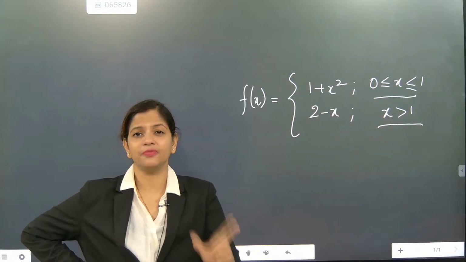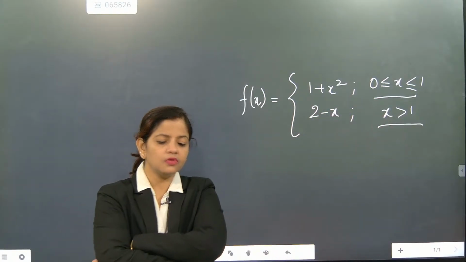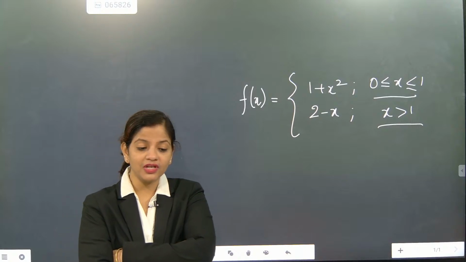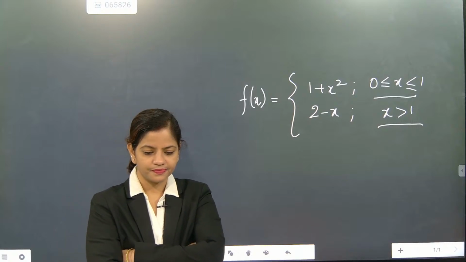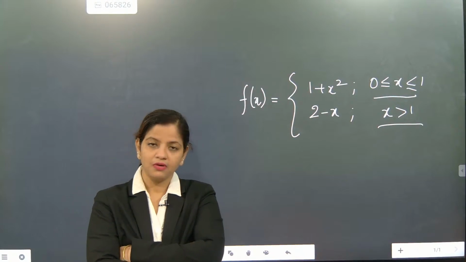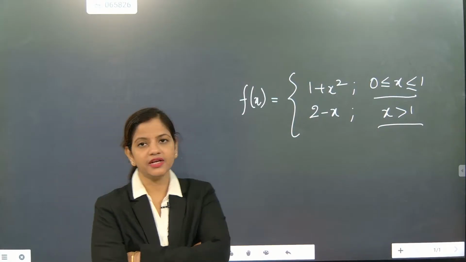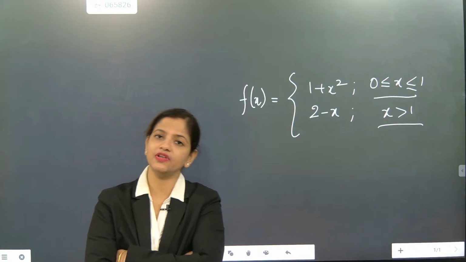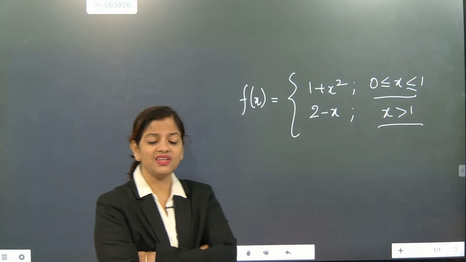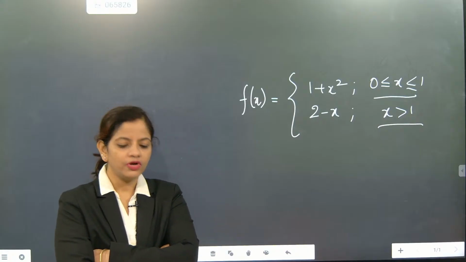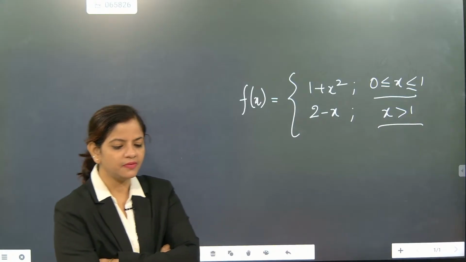Which one do you feel is the limit? Either 0 or 1. Which one can you take as the limit? Most probably in questions they will give you the limit. But if in case not, what will be the limit here? Type and send me.